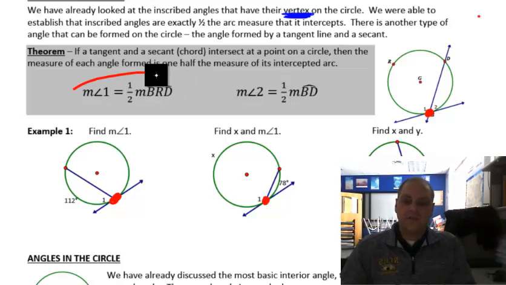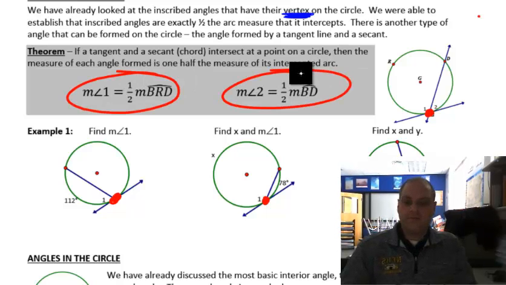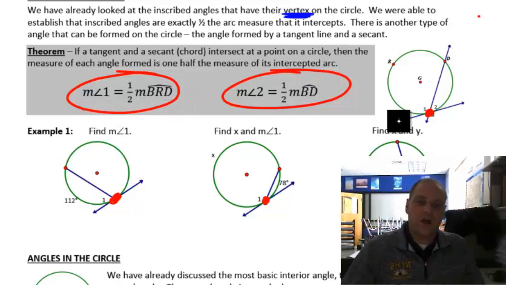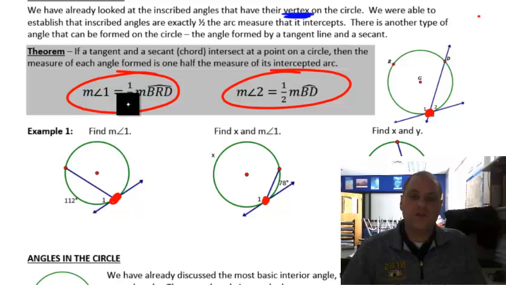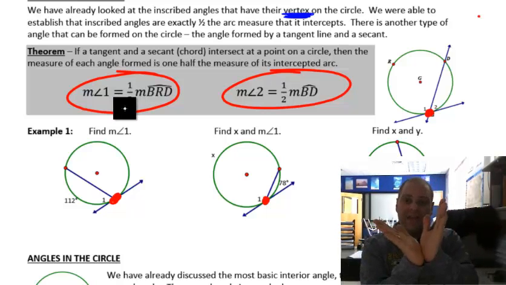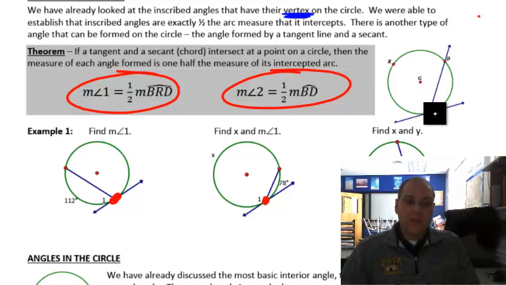Here is the formula. It depends on what arc you're talking about, but basically, you just take half of that intercepted arc. So if I'm talking about angle 2, it's on the circle, so it's going to be half of that intercepted arc right there.